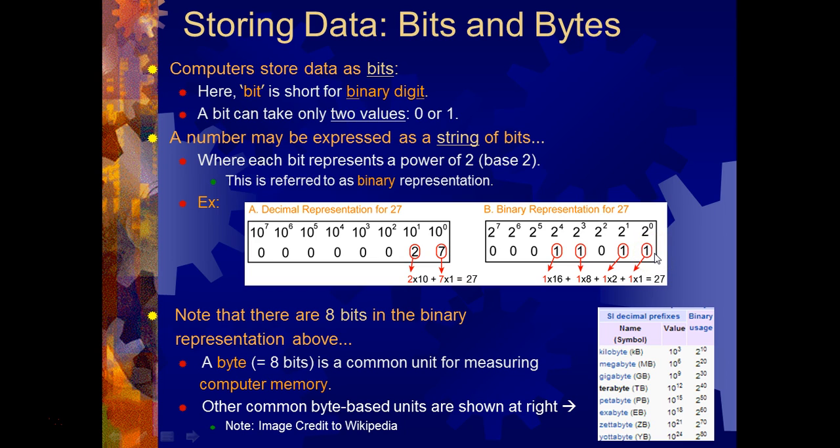So that's 4 different possibilities. If we had 3 bits, we could have 0, 0, 0, could have 0, 0, 1, could have 0, 1, 0. So you can figure out all the different possibilities. There will be 8.